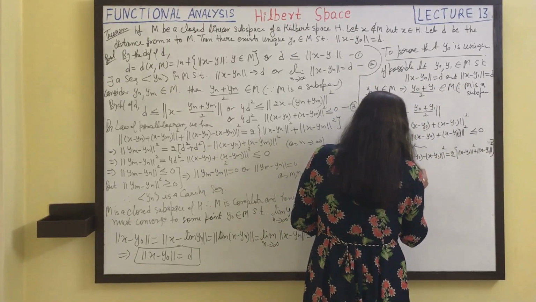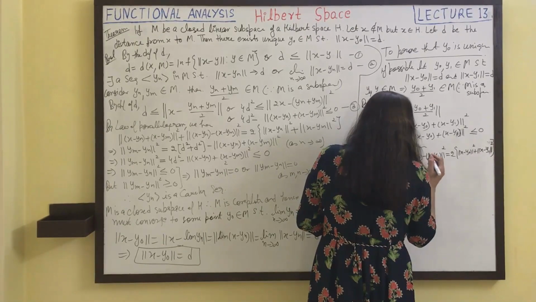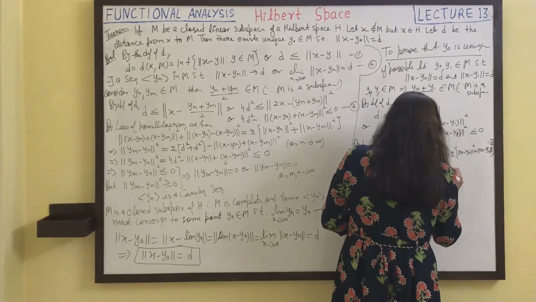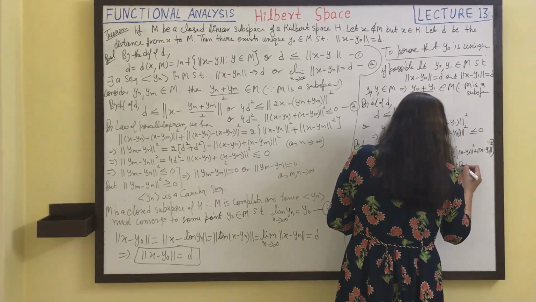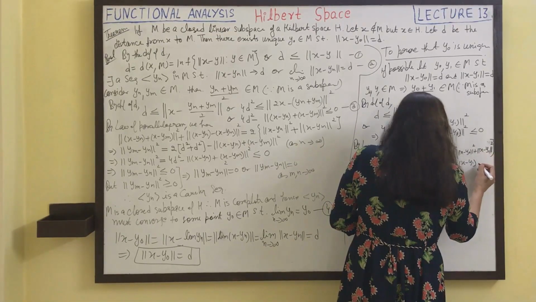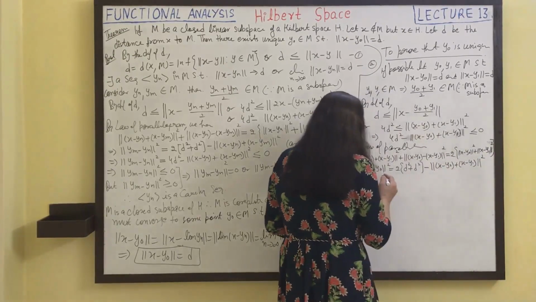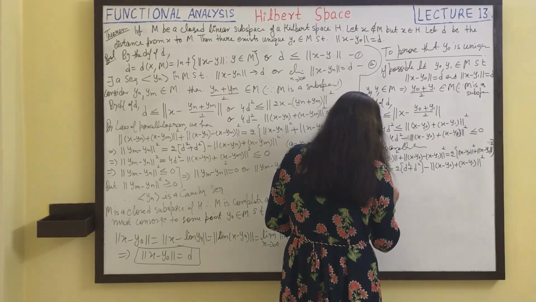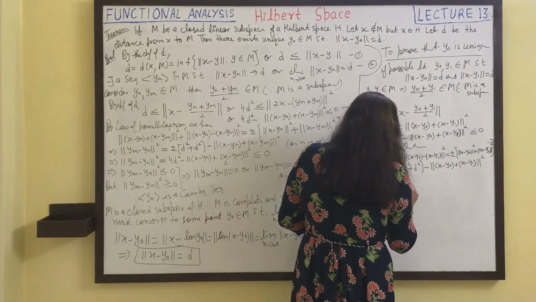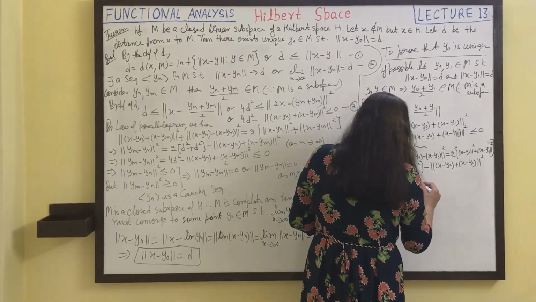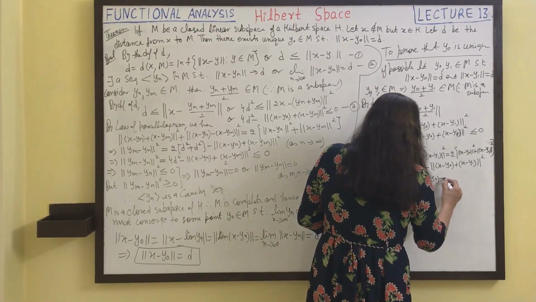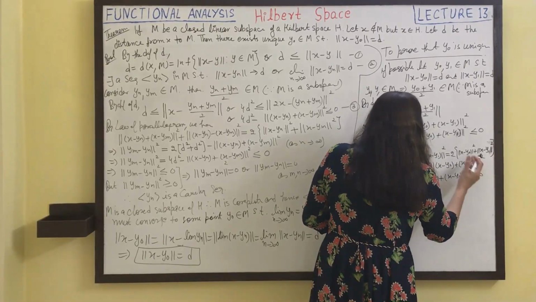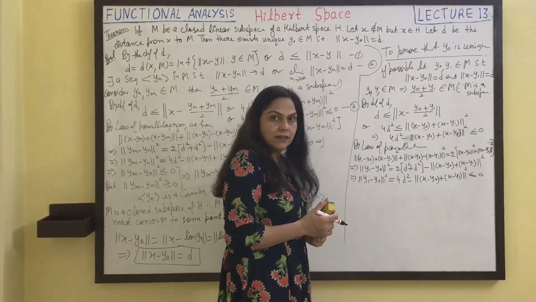So it is d squared plus d squared minus norm of (x minus y0) plus (x minus y1) squared, and this can be written as norm of y1 minus y0 squared is equal to 4d squared minus norm of (x minus y0) plus (x minus y1) squared, and again it is less than or equal to 0.